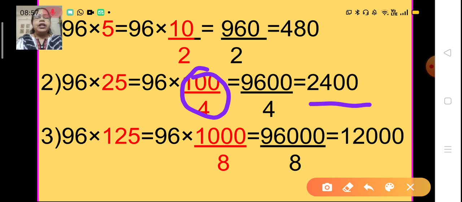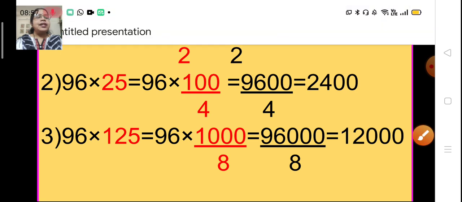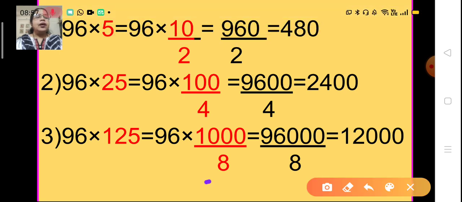Similarly, when we multiply 96 or any other number by 125, instead of 125, we can take the number as 1000 upon 8. And dividing 96 by 8 is very simple. And what is the answer that we get? We get 12,000 as the answer.